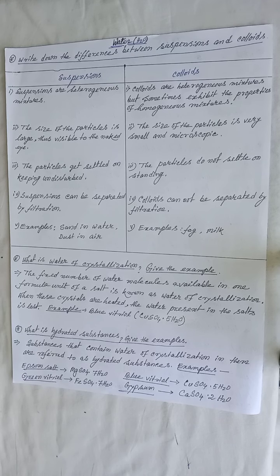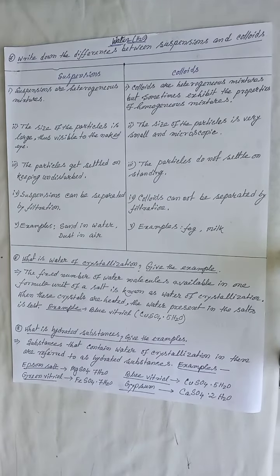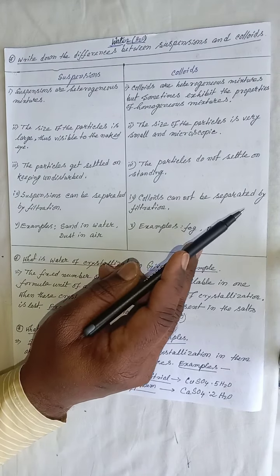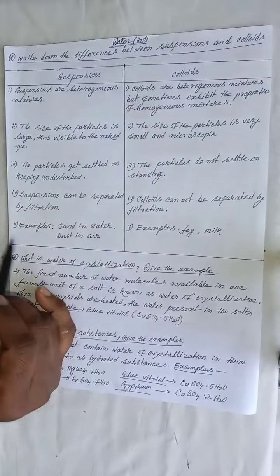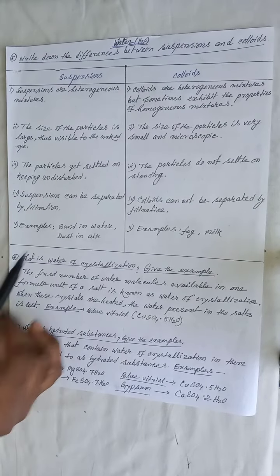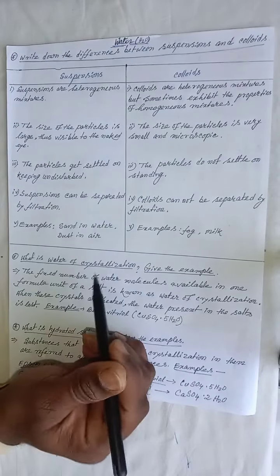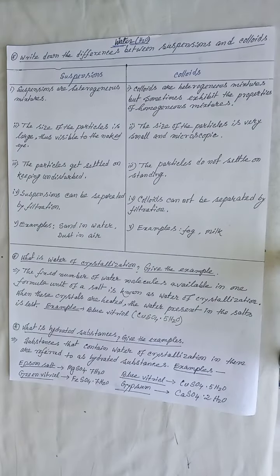In a suspension, the particles settle on keeping undisturbed, but in a colloid the particles do not settle on standing. Suspension can be separated by the filtration process, but colloid cannot be separated by the filtration process. Example for suspension: sand in water, dust in air. Example of colloid: fog, milk, etc.